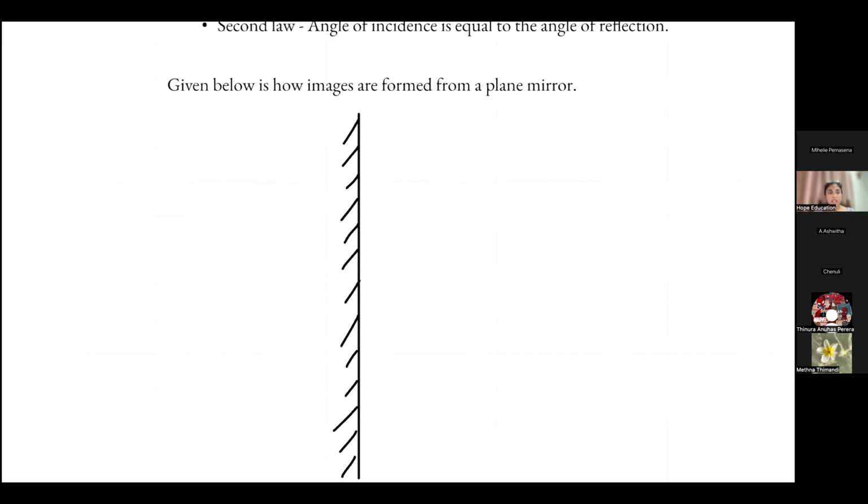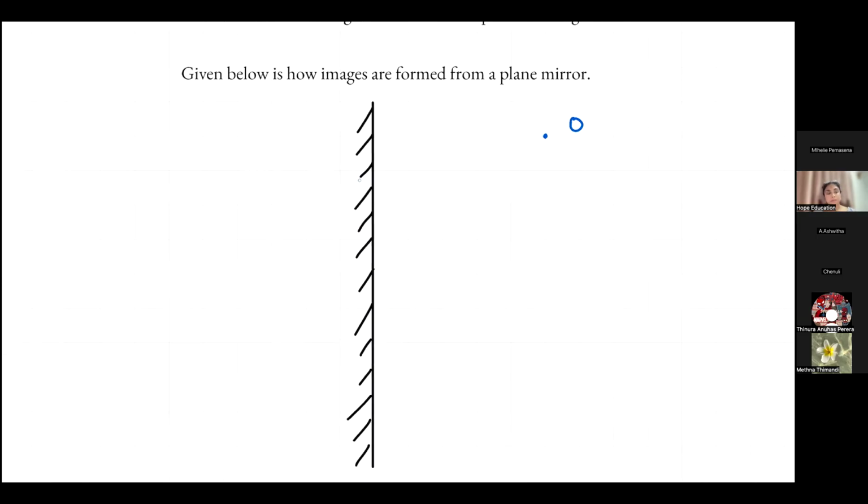I'm not going to draw a big object, just a small dot. Let's say this is my object. Always in ray diagrams, I denote the object with a capital O. A light ray like this goes from this object, strikes the mirror and reflects.